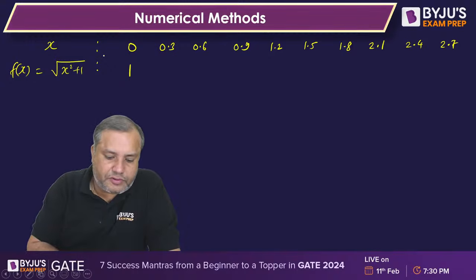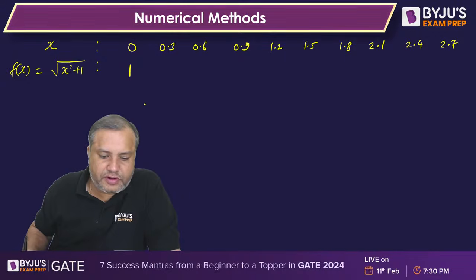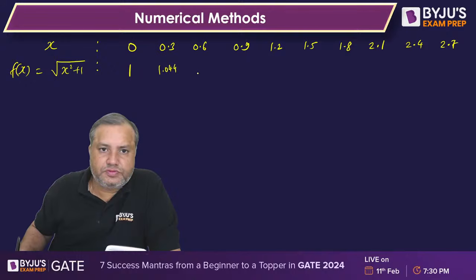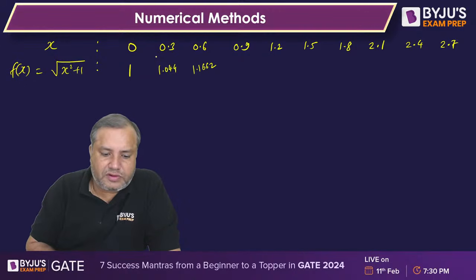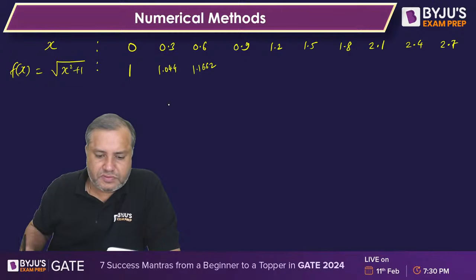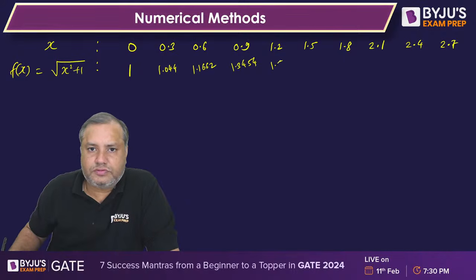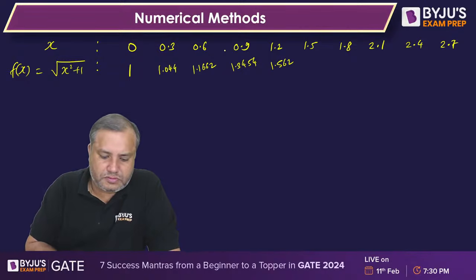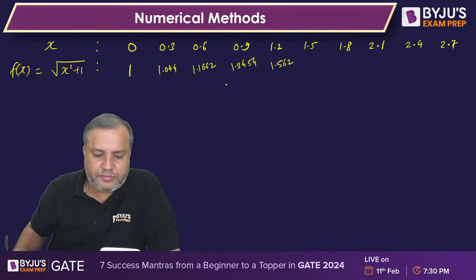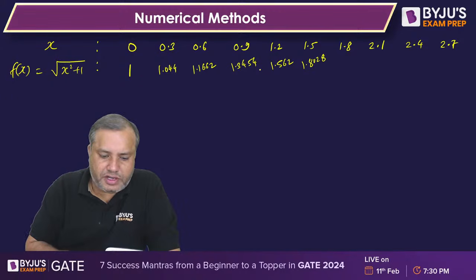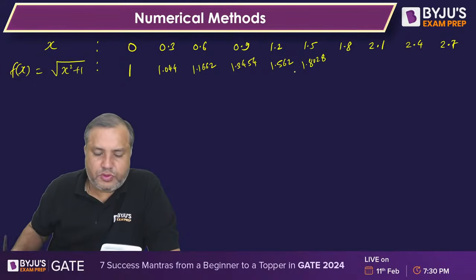Now, calculate for 0.3. It is 1.044. And calculate for 0.6, 1.16. Then 1.3, 1.5, 1.808, or 1.8, 2.059.